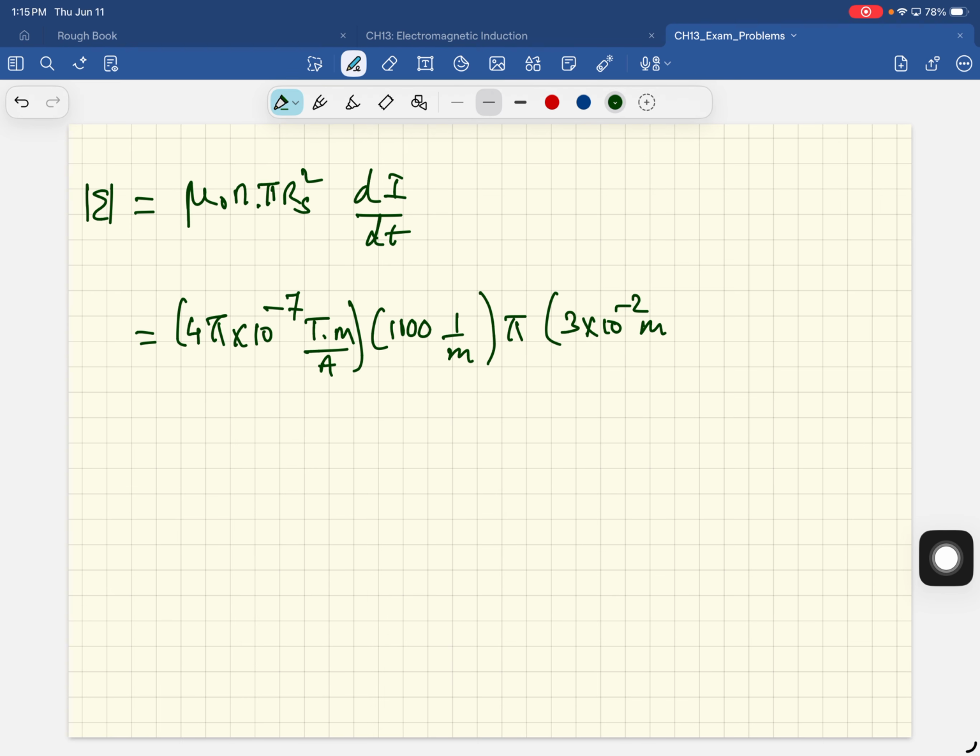What are the units for omega? Radians per second.